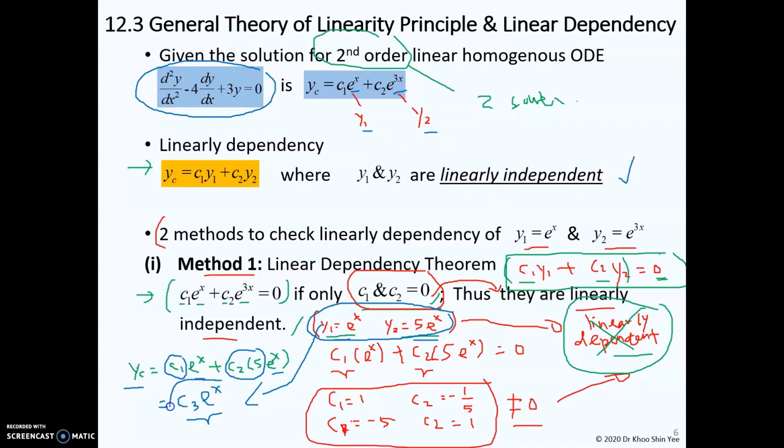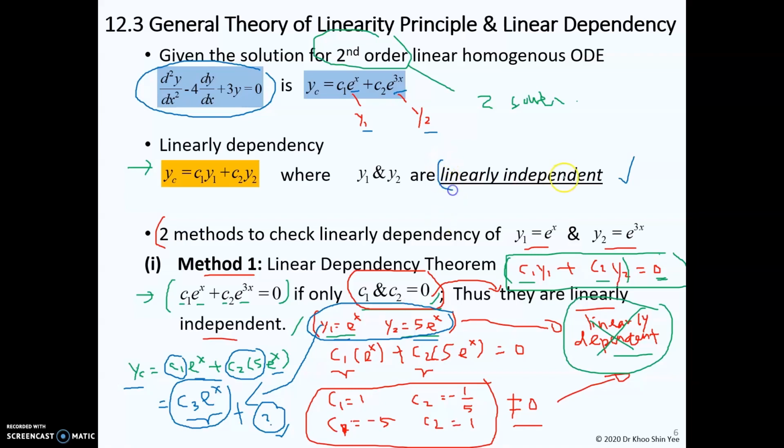Since you only have one solution in this case, there is one missing solution to be found. You will learn how to find the second independent solution later. At the moment, just learn how to check whether two solutions are linearly dependent or linearly independent.